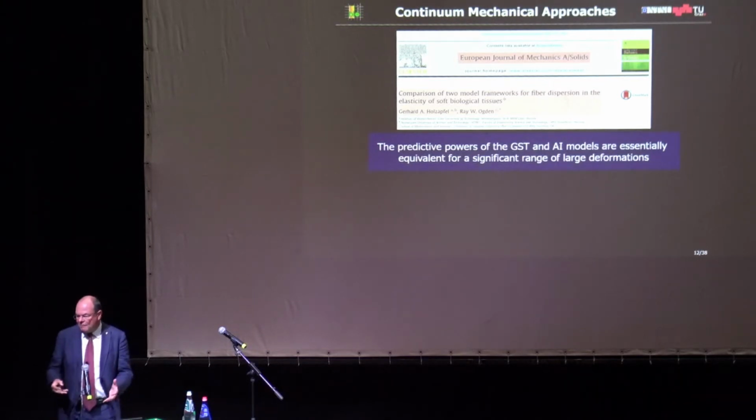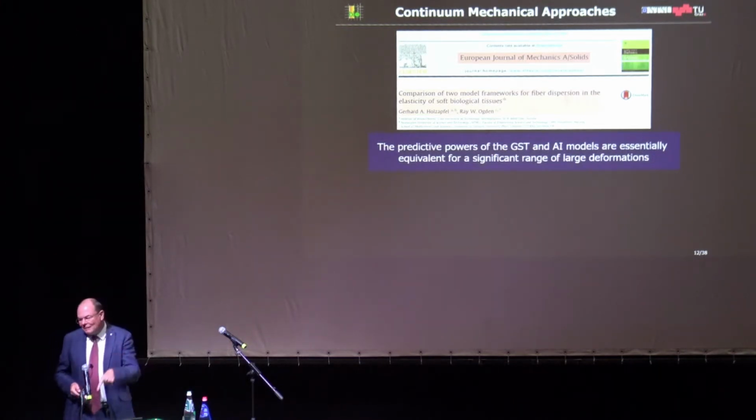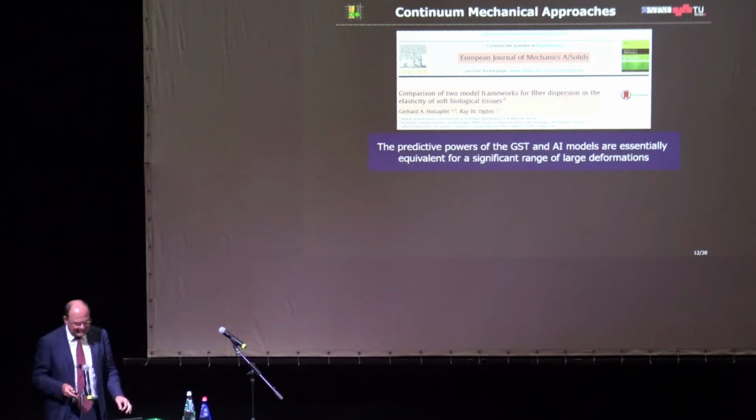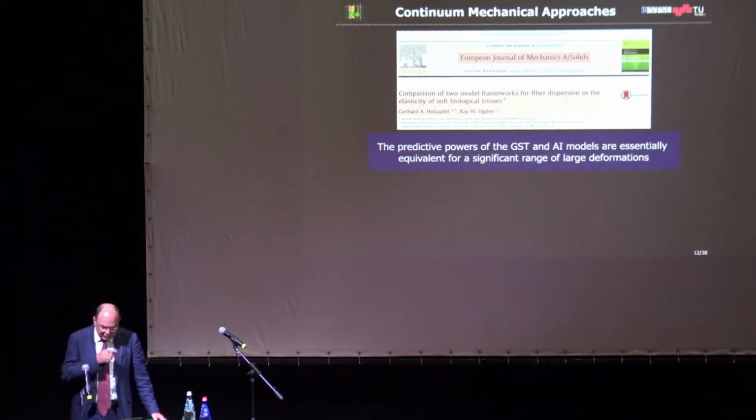You can fit the same curve basically. It's just a different model, because there was an argument: well, this model is better than the other, and this model is for this and that reason. It's not the case. So we showed that they are really essentially equivalent for a significant range of large deformations. This we published in the European Journal of Mechanics A/Solids with Ray Ogden.